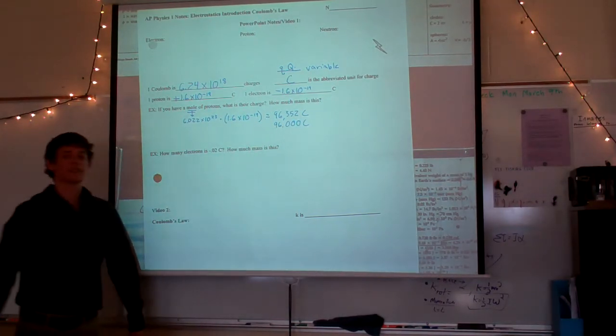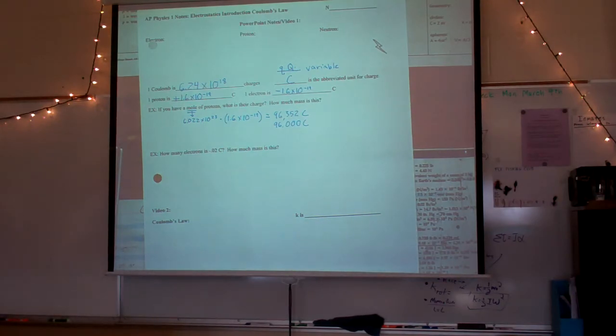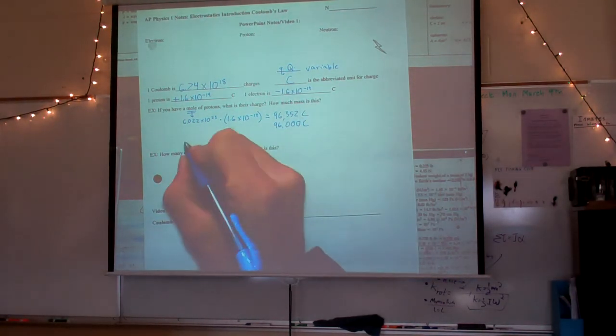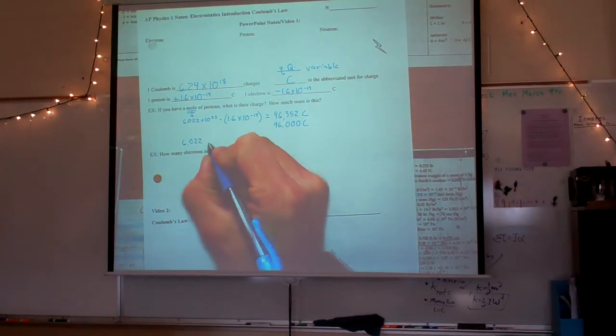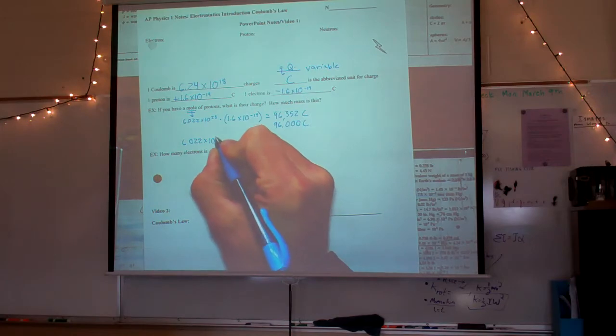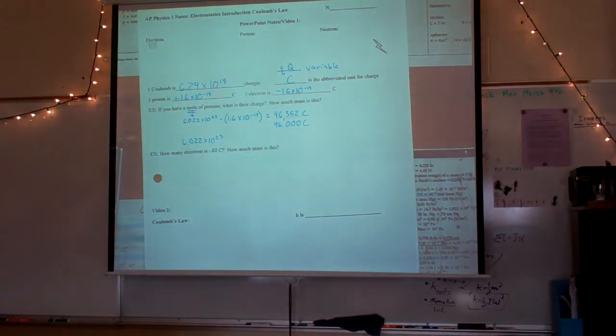Now how much mass is this? We want the mass of the protons. That's how many we have.